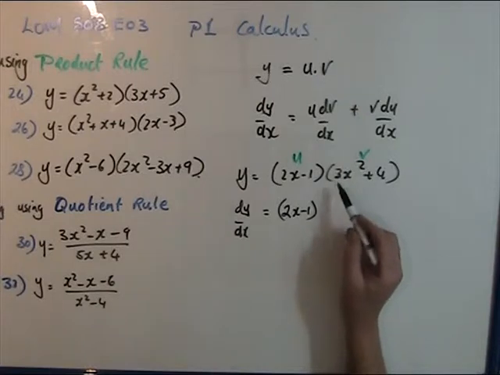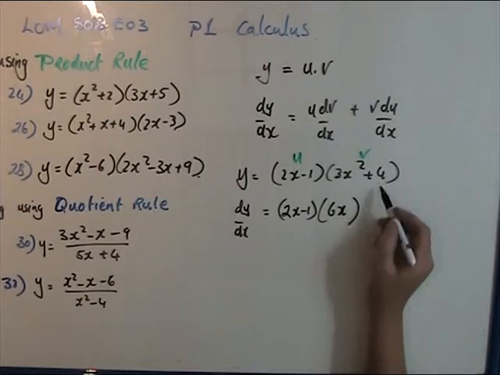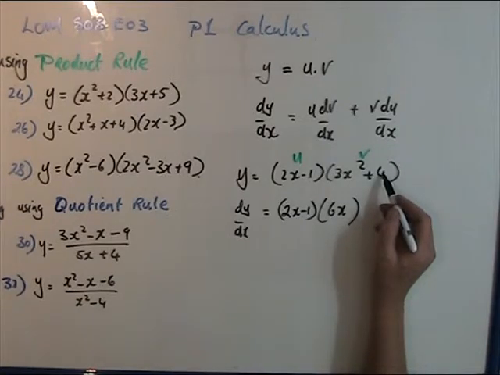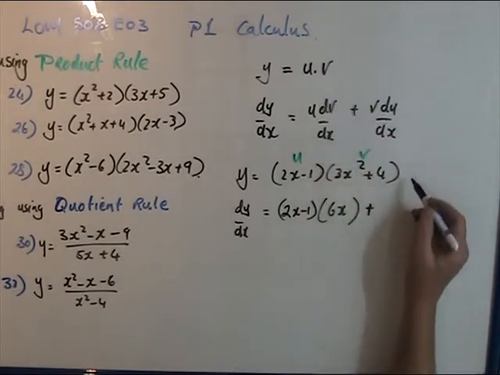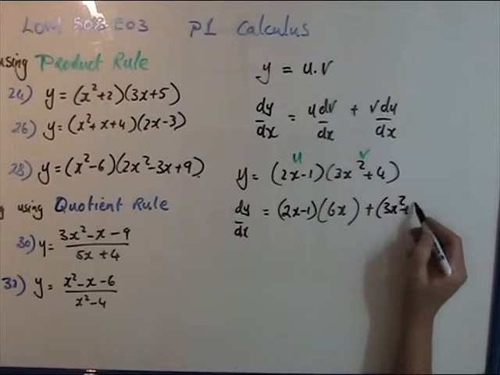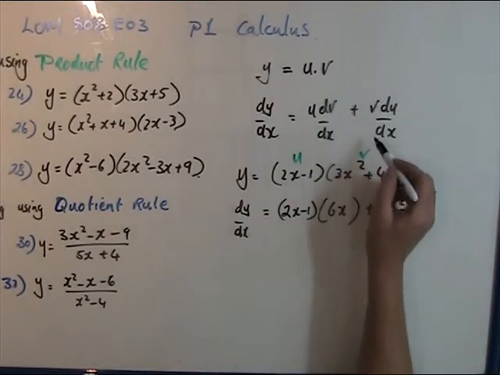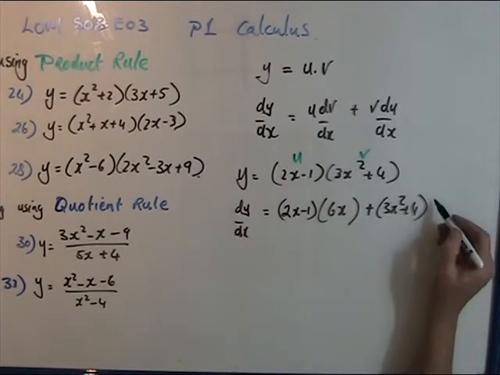So 2 times 3 is 6x, 2 minus 1 is 1. Derivative of a constant is equal to 0. Plus, following the rule up here, v, (3x squared plus 4), times the derivative of u. Derivative of u is 2.